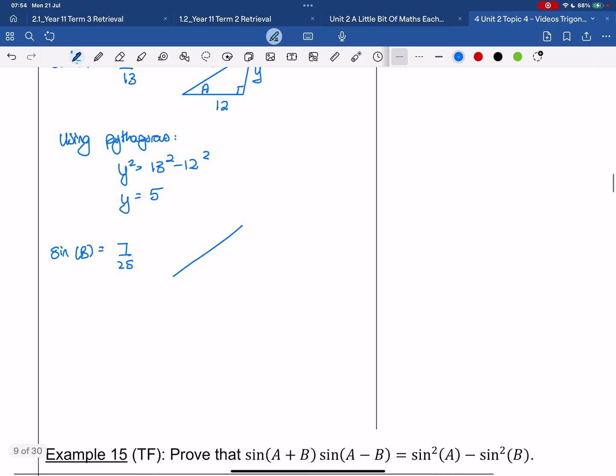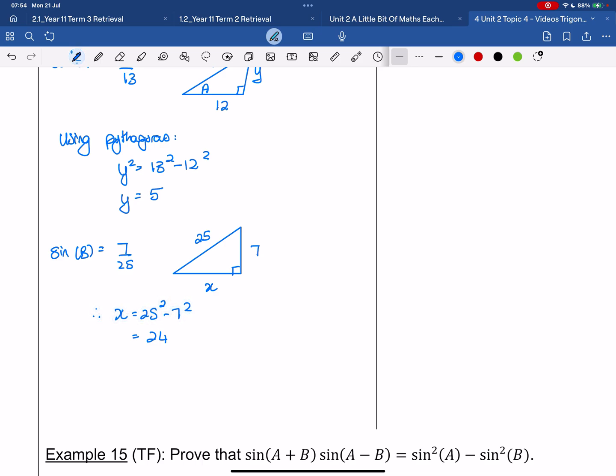And again, I can draw a little right angle triangle and 7 over 25, and let's make that an x. So I can then say that x will be 25 squared minus 7 squared, and that is 24.